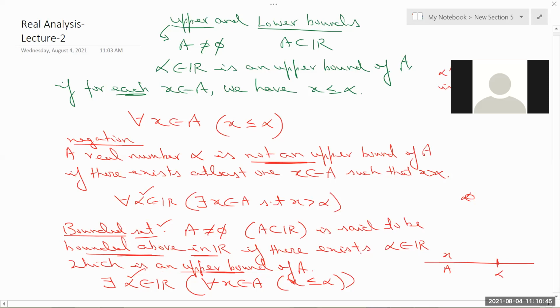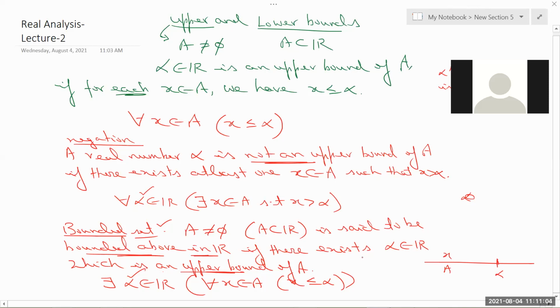And it is said to be bounded below if there exists at least one lower bound, say beta, such that x is always greater than equal to beta, and a set is bounded if it is bounded above as well as bounded below.